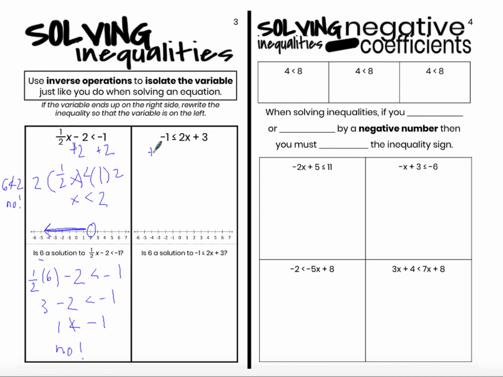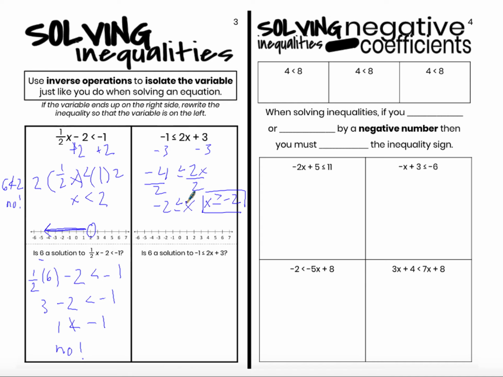One detail of solving inequalities. So I'm going to subtract 3 from both sides. Divide by 2. Is that I always want your solution to have x on the left side. So I want you to always rewrite your solution as an inequality with the variable on the left. In this case, -2 is less than or equal to x.